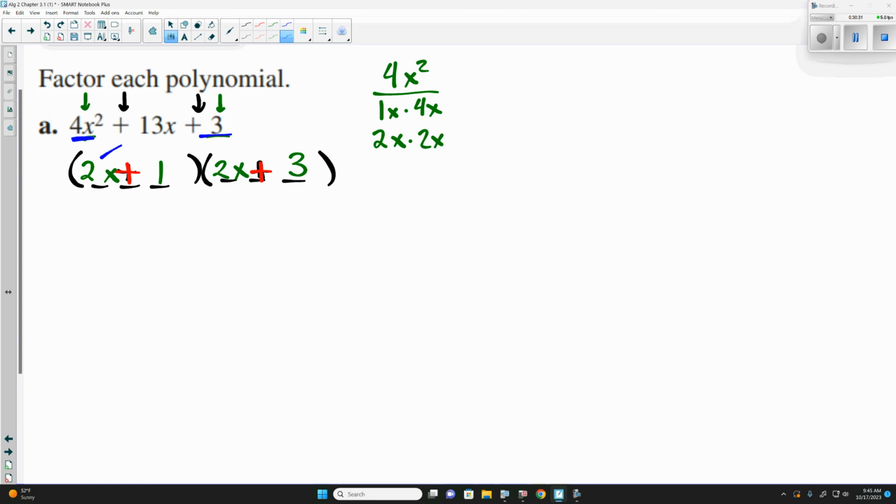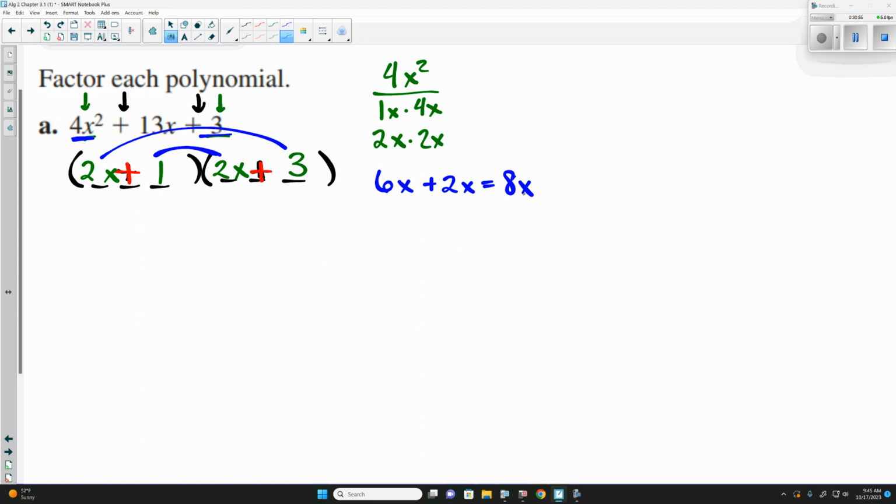Now, if we check the middle term, 2x times 3 is positive 6x. 1 times 2x is plus 2x, which gives us positive 8x. Is that the middle term we want? Now, we could jump straight to 1 and 4, or we could flip the 1 and 3.